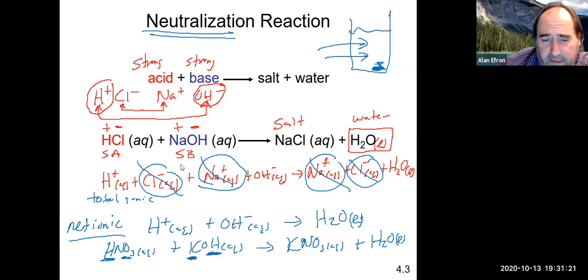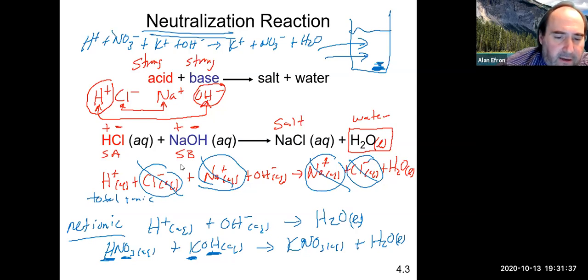Again, if I broke that apart, I would have H plus, NO3 minus, K plus and OH minus, making K plus and NO3 minus and H2O. Spectator ion being nitrate on both sides, potassium on both sides. And again, you can see I am left with the exact same reaction. I am left with H plus and OH minus making water.